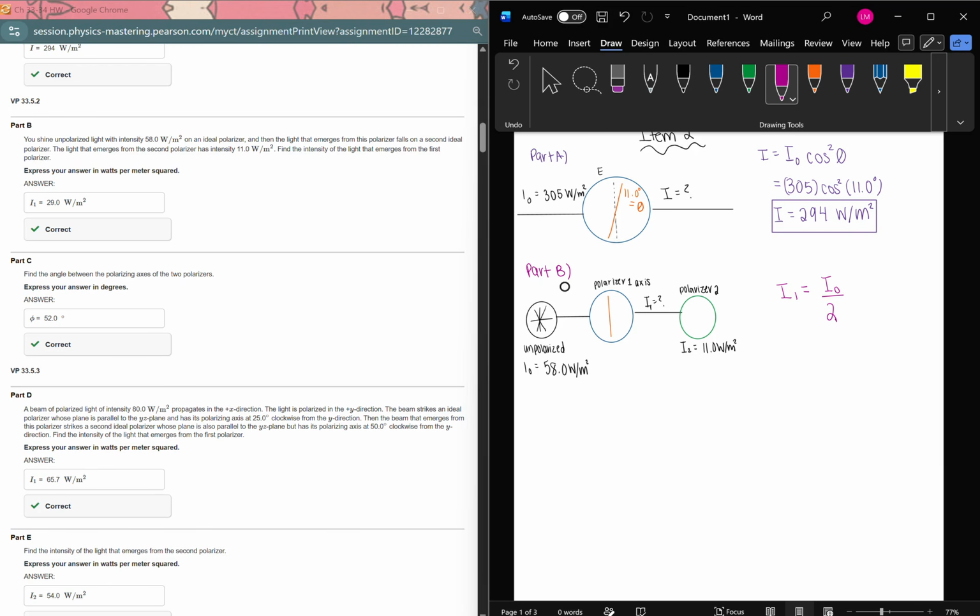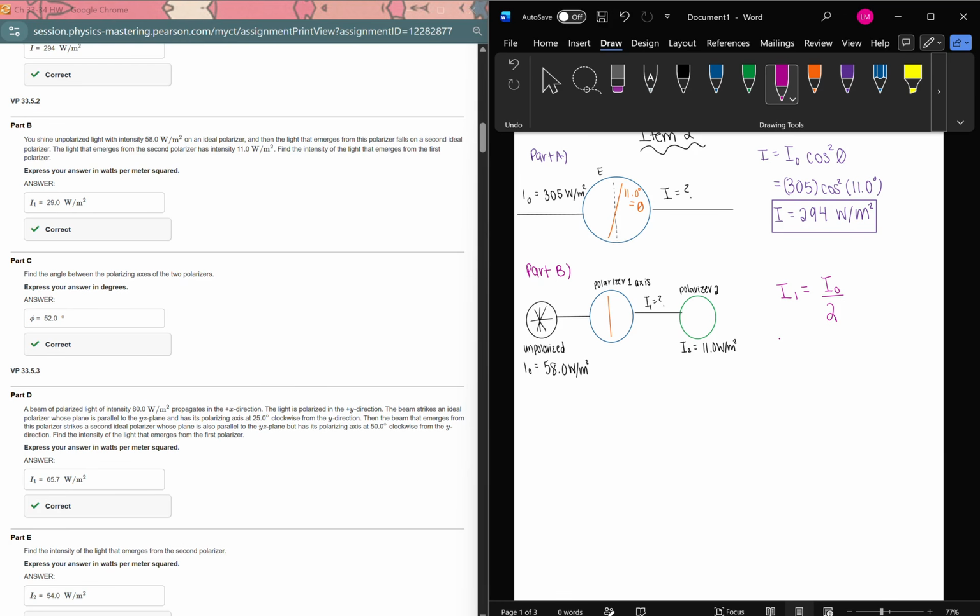This is because the incident light is unpolarized, and the first ideal polarizer transmits 1/2 of the original intensity. Let me explain each of the variables. This is the intensity after the first polarizer, which we are trying to find, this one is the initial intensity before any polarizer, which was the unpolarized light, and the 2 is the half.